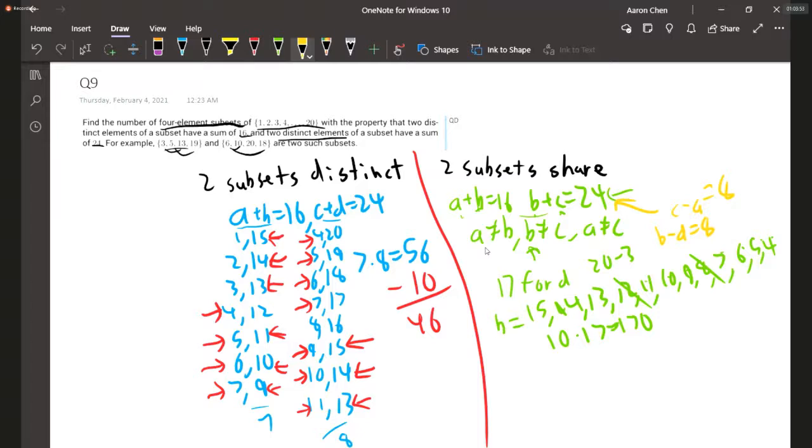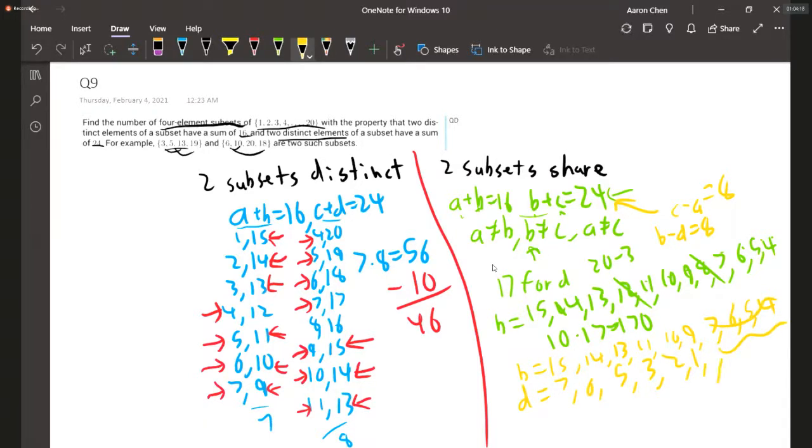If we do this, we have B equals 15, 14, 13, 11, 10, 9, 7, 6, 5, 4. In this case, D would equal 7, 6, 5, 3, 2, 1, and these don't work.